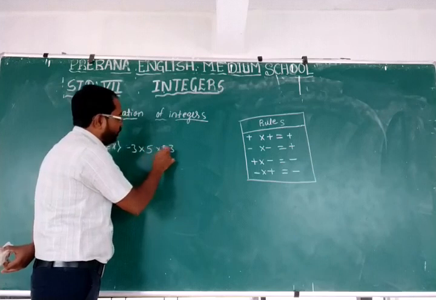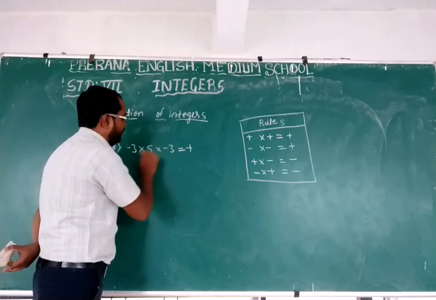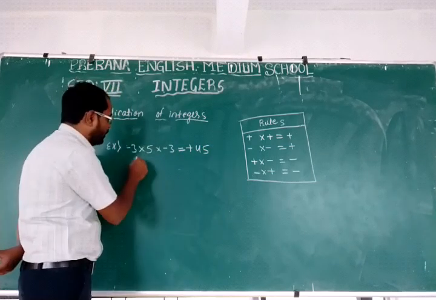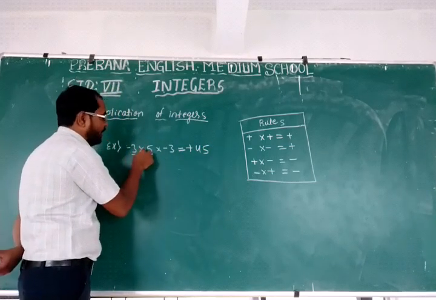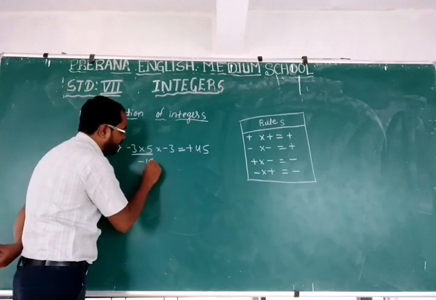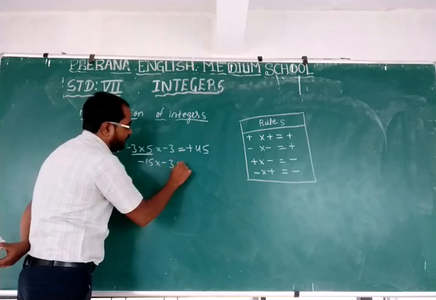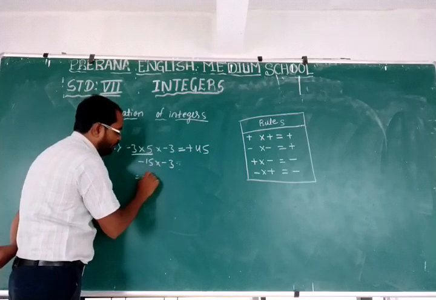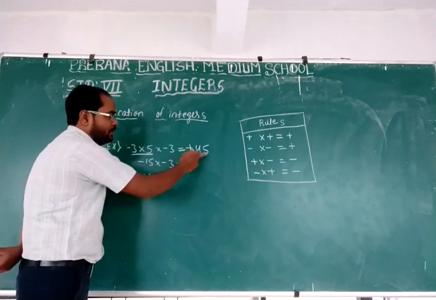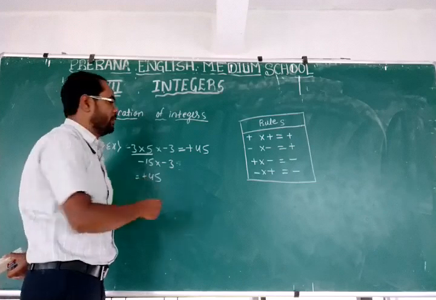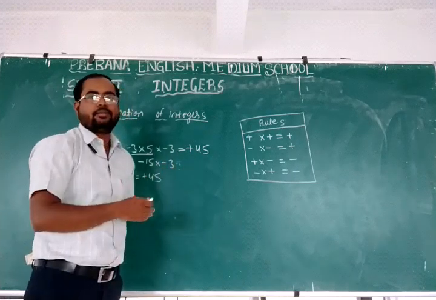Minus into minus will be plus. 3 into 5, 15. 15 into 3, 45. Very simple it is. First you multiply these two. Minus into plus will become minus 15 into minus 3. Next, both are minus here, so minus into minus will become plus 45. See, this is how you have to multiply if it is 3. If it is 4, the same continues.